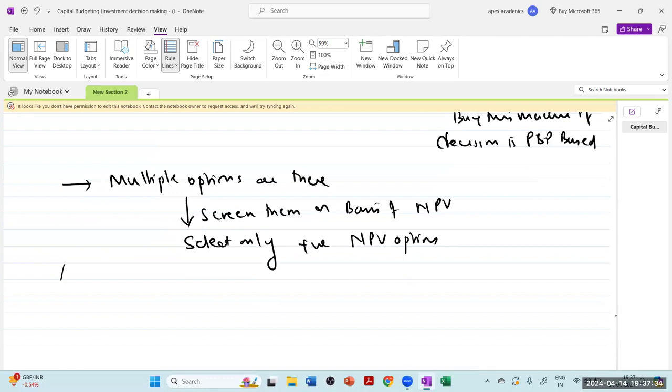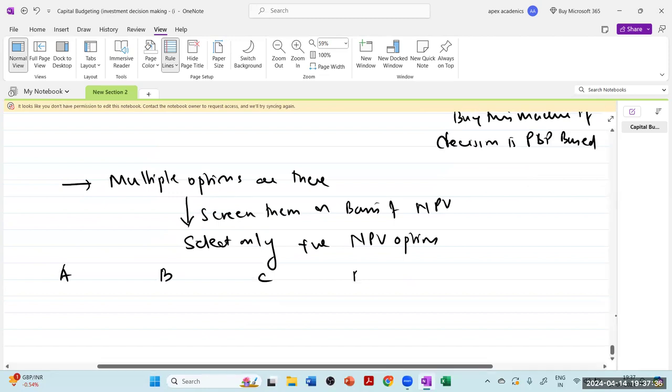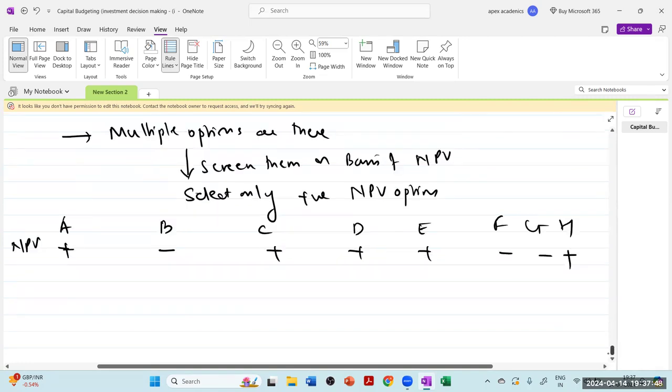Now, suppose there are A, B, C, D, E, F, G, H. Over here, NPV: positive, negative, positive, positive, positive, negative, negative, positive. So who will you select for the next selection round? You have to buy only one. So A is selected, C is selected, D is selected, E is selected, and H is selected.